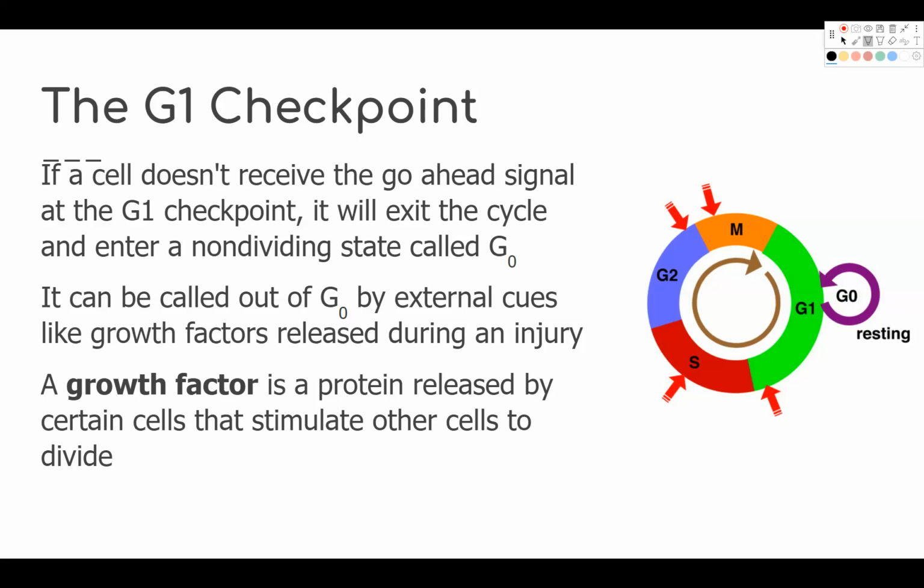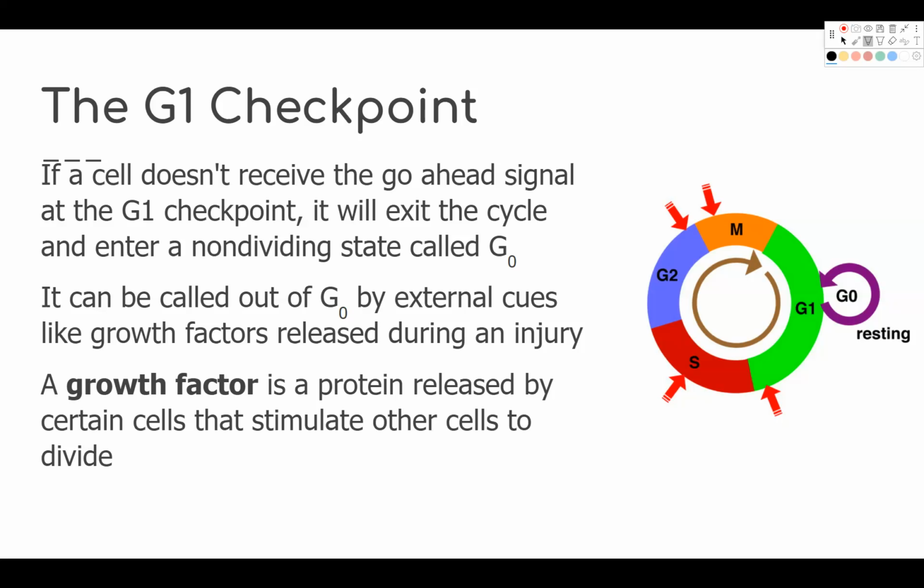Their goal is to stimulate cells to divide. Growth factors are super important in the processes of healing and development. If you ever take a developmental biology course, you'll talk a lot about growth factors because their concentrations decide if a developing organism will reach maturity.